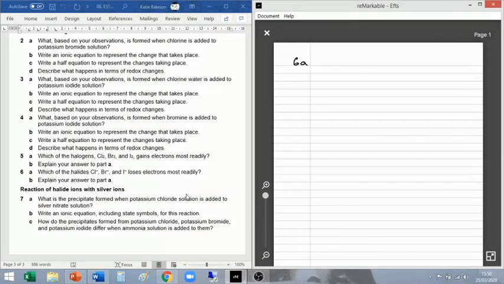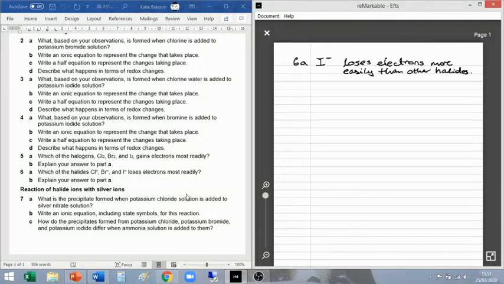So what we should see is it's going to be the iodide loses electrons more easily than the other halides, or the halides that we're talking about today anyway. Obviously, the further down we go in the group, the patterns will change a little bit more.